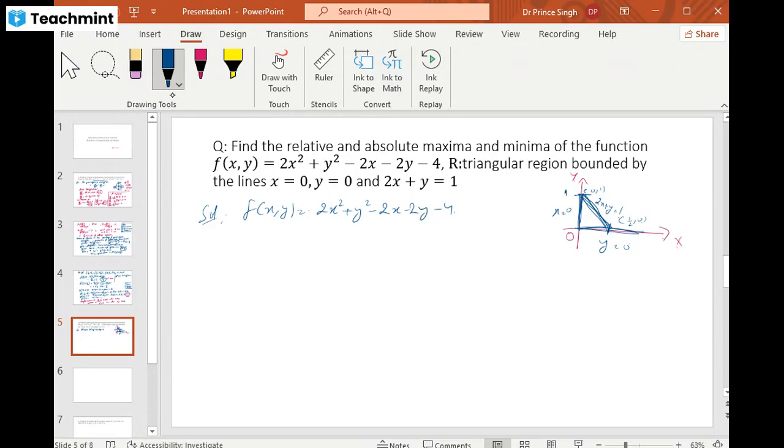So firstly, we find out curly f upon curly x. This is 4x minus 2. And if we calculate curly f upon curly y, this is 2y minus 2.